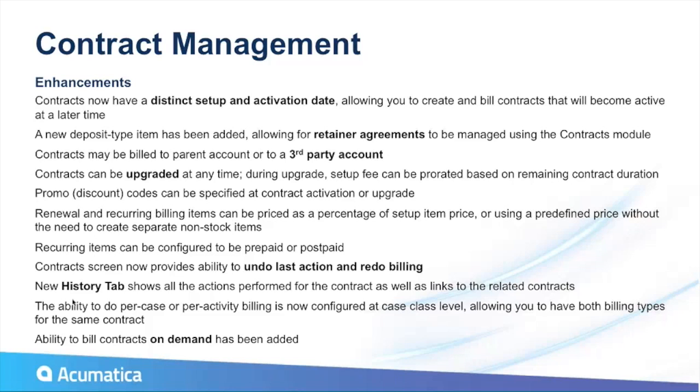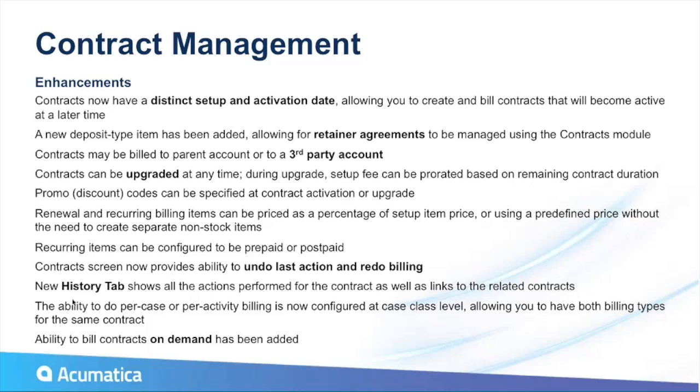So to give you an example of this, you may decide to charge $10,000 upfront, as you enable your contract, and then use this $10,000 for cases or activities that will be related to this contract. So the system will use the retainer amount, and once it gets to zero, then you have the ability to create a new contract or upgrade the existing contract to charge an extra amount.